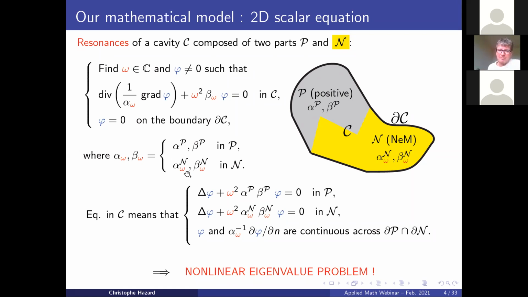So I put the omega in the index here. And this value may become negative in some frequency range. So that's the problem I am interested in.